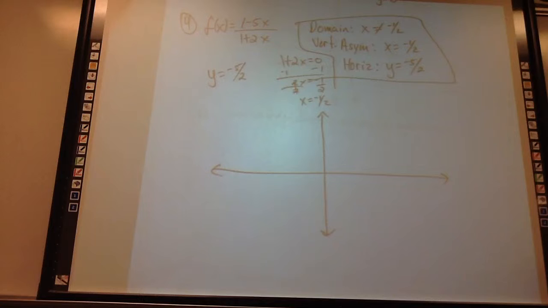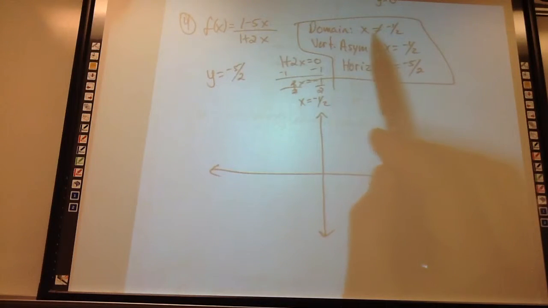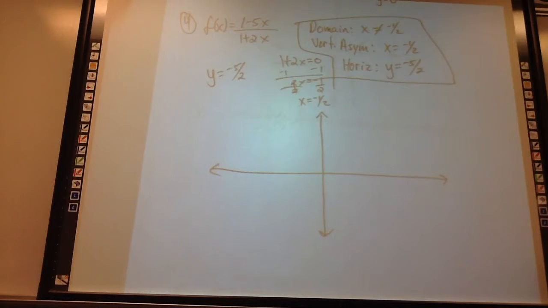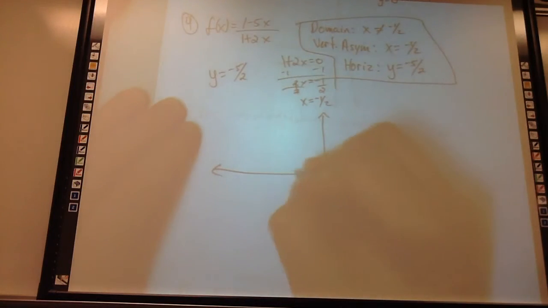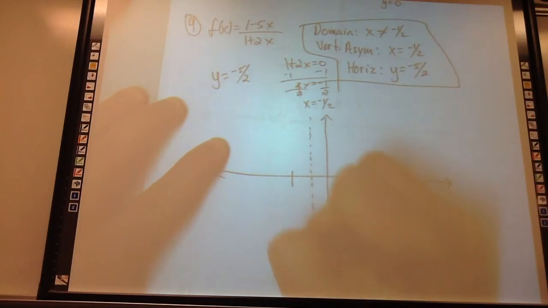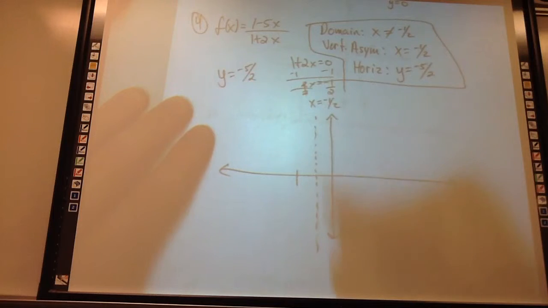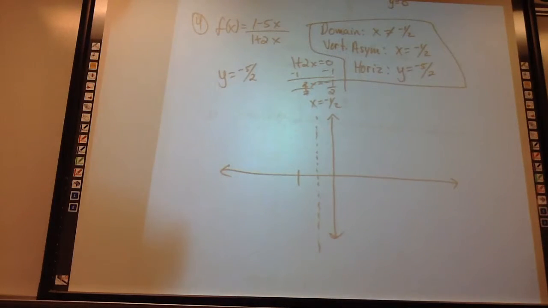And the vertical asymptote is wherever the bottom equals 0. Same as domain? Yeah, it's the same. Domain will say x cannot equal that, but vertical asymptotes will say x does equal that. On a vertical asymptote, negative 1 half, you can't cross it, so there will never be anything there, so that point will never be included in the domain.